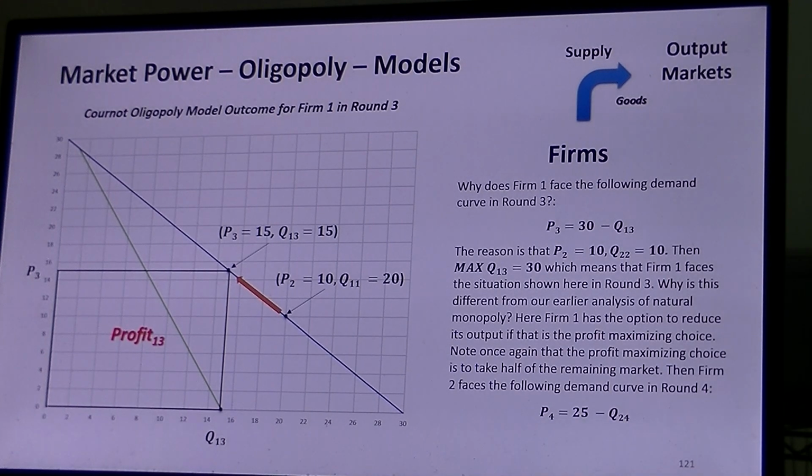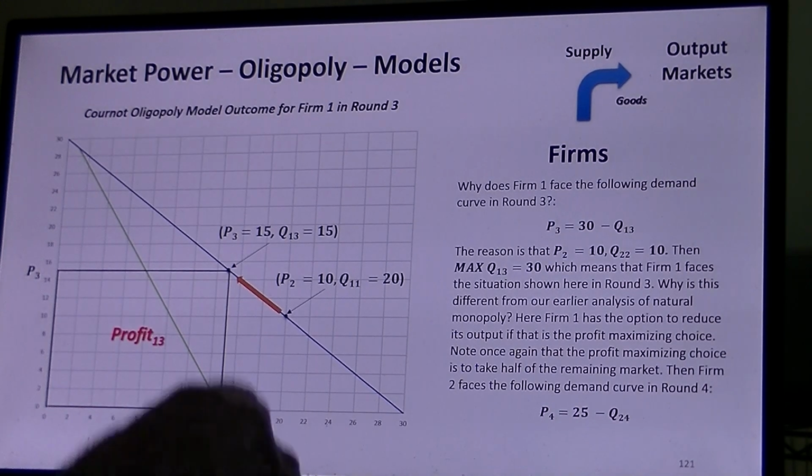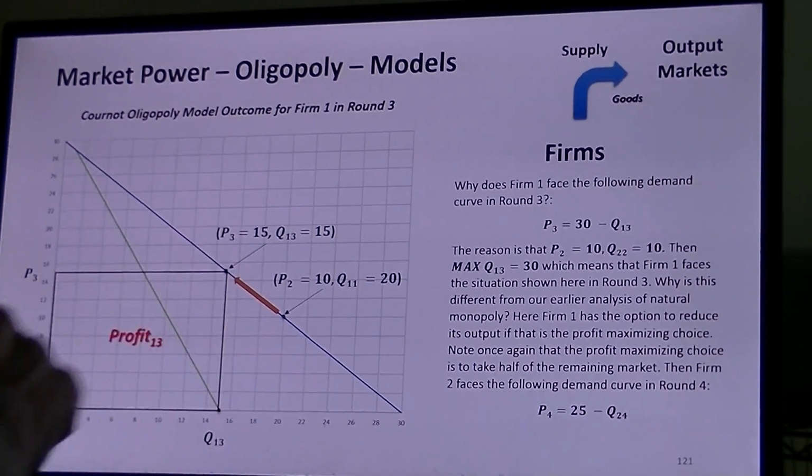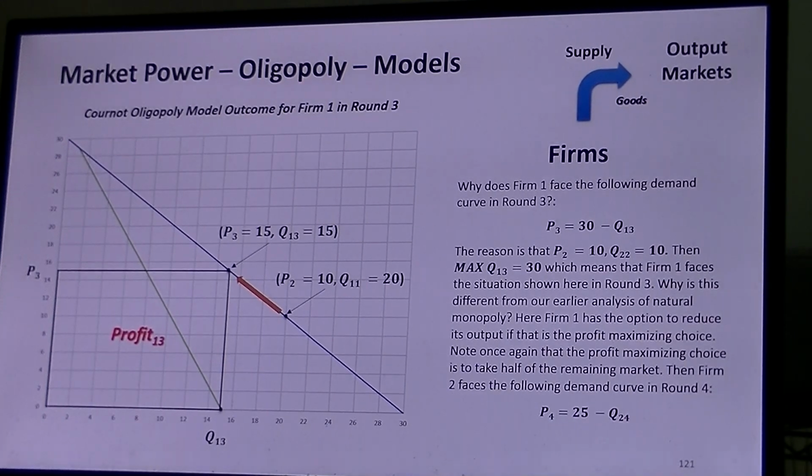Basically, the firms have a monopoly over the remaining market they face, so that they can price the remaining market at a profit maximizing price.